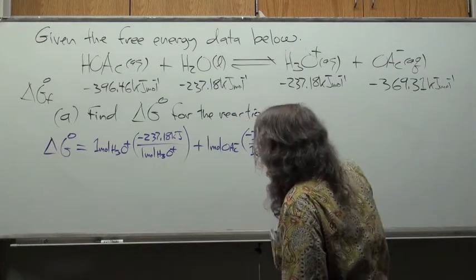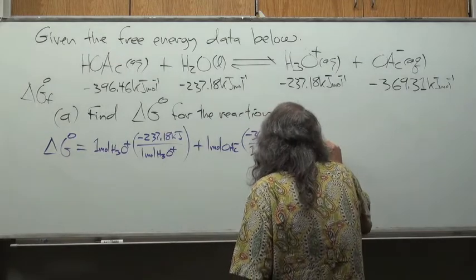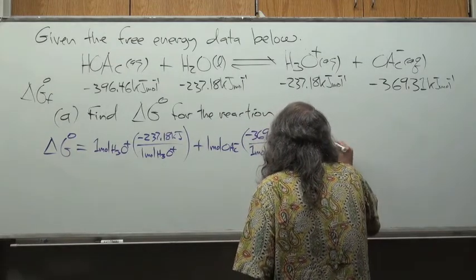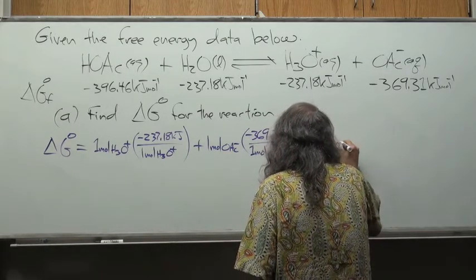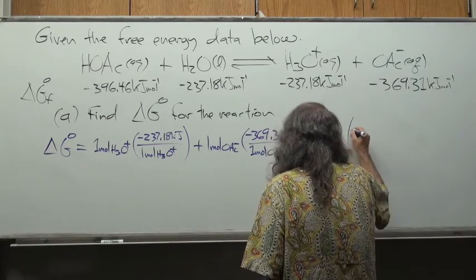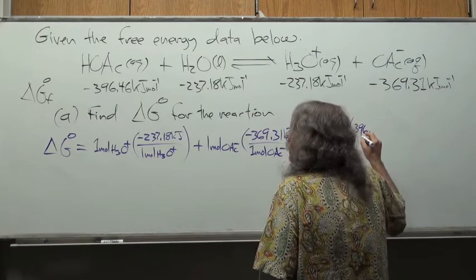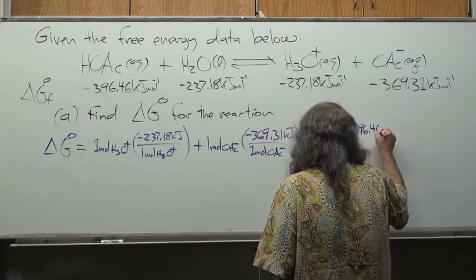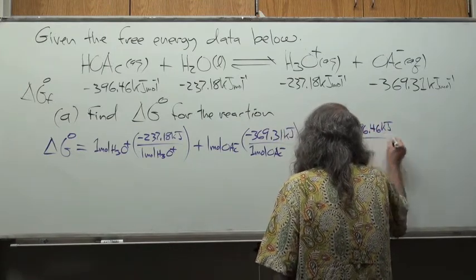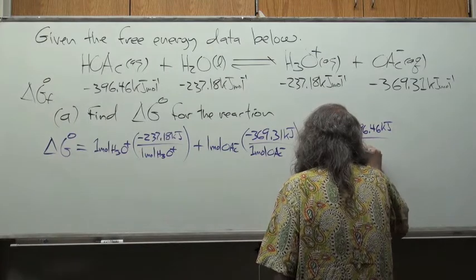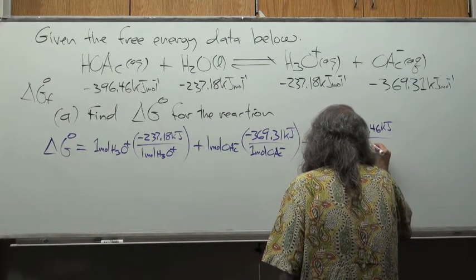So minus 1 mole of acetic acid, and there's minus 396.46 kilojoules for every 1 mole of acetic acid.